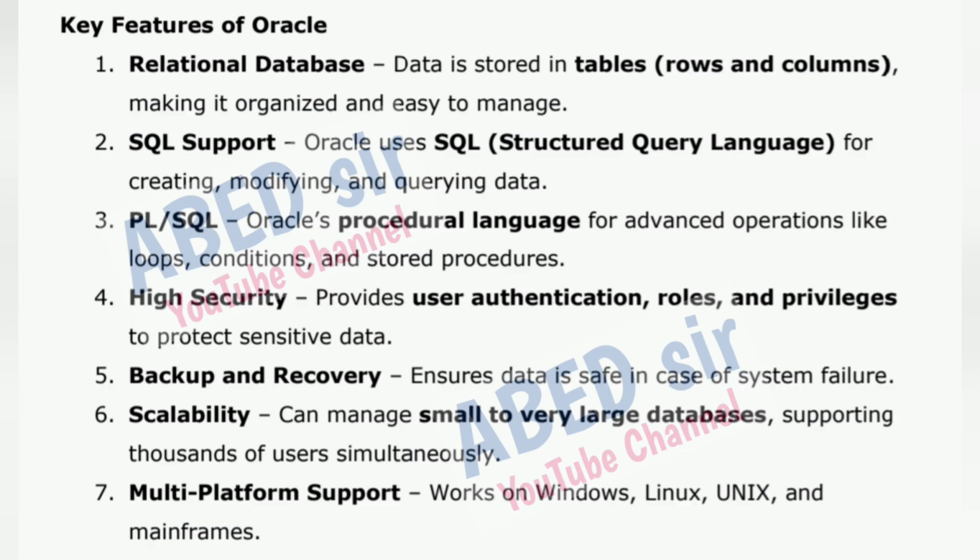PL/SQL. Oracle's procedural language for advanced operations like loops, conditions, and stored procedures. 4. High security. Provides user authentication, roles, and privileges to protect sensitive data. 5. Backup and recovery. Ensures data is safe in case of system failure.